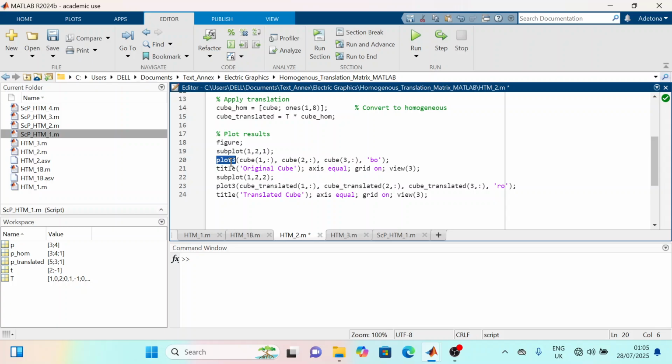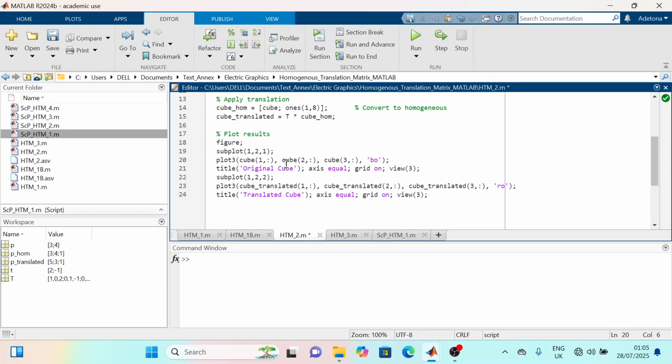Then this one represents the whole of row 1, all the 8 points, indicating x, and this one indicates y, all the elements in row 2, and this one all the elements in row 3, which happens to be the z axis. Therefore we now have Cartesian coordinates.